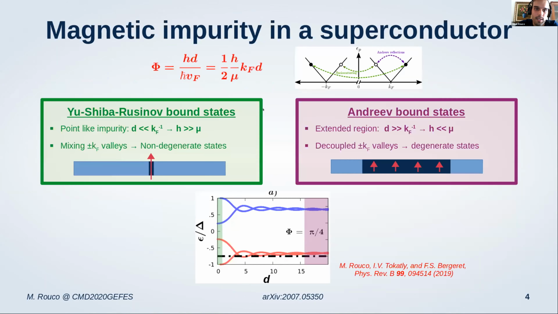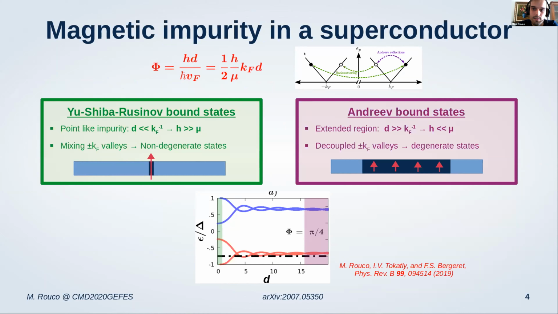So this problem has been widely studied in the literature, mainly in two limiting cases. On the one hand, we have the atomic impurity case, where the width of the impurity is much smaller than the Fermi wavelength, and then the exchange field is very localized and very strong compared to the Fermi energy.